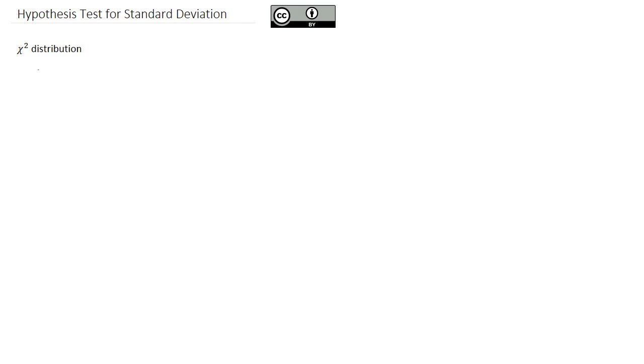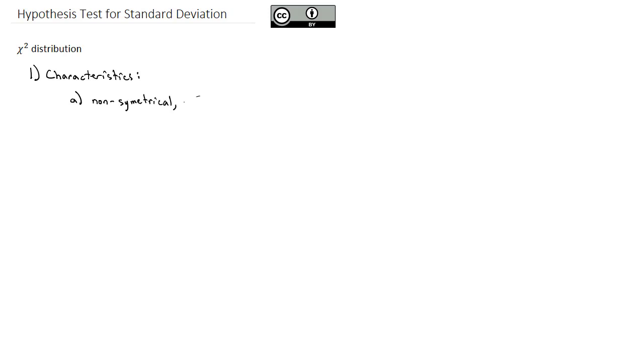distribution. The chi-squared distribution has several characteristics that are kind of unique from some of the other ones that we've seen thus far. The first characteristic is that this graph is non-symmetrical.